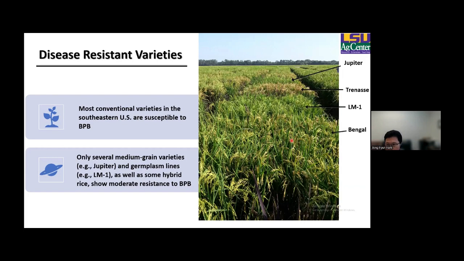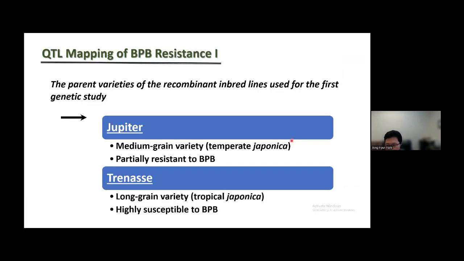So our idea is to characterize the genetic loci responsible for this moderate resistance in Jupiter, and try to utilize those identified loci to improve the disease resistance of the susceptible U.S. varieties.